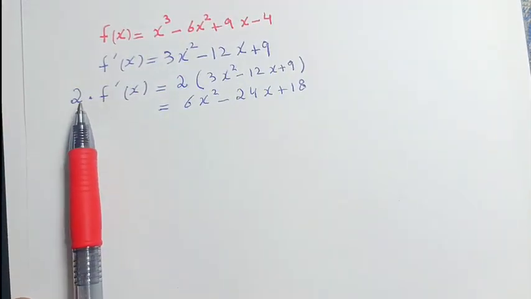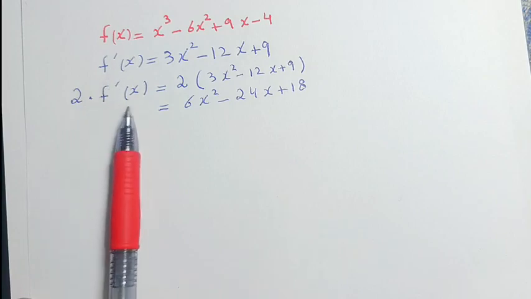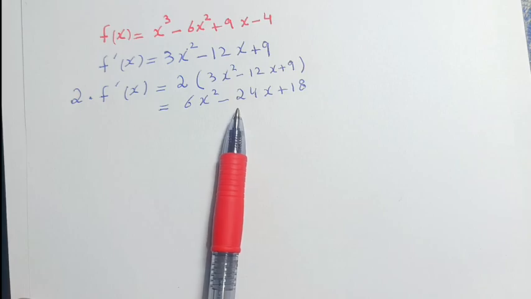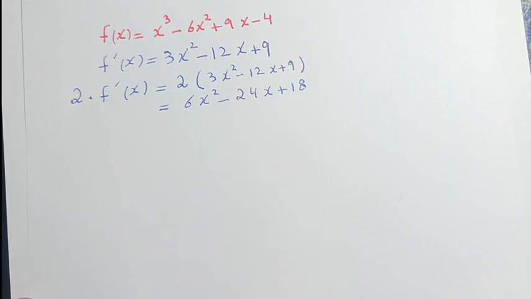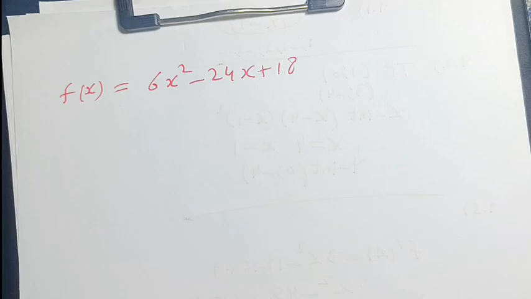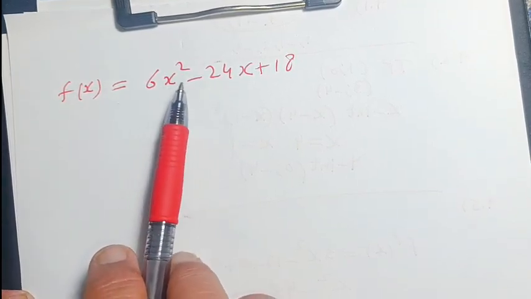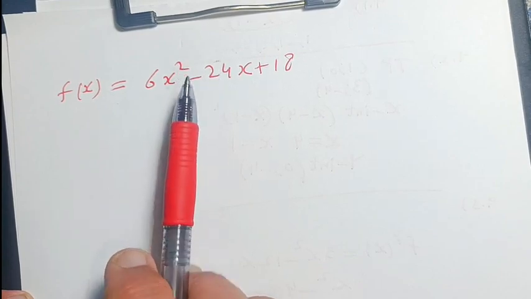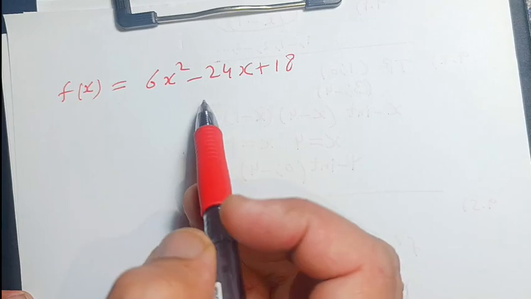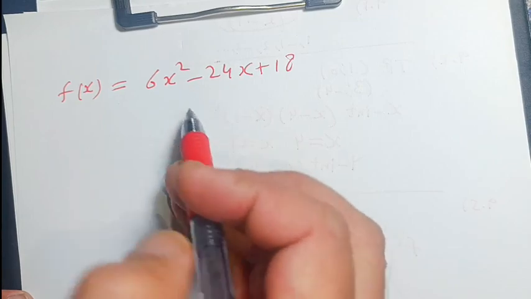If I multiply this first derivative by 2, then it is 6x squared minus 24x plus 18. Let's do this one. What will happen? You must remember, now your original graph is this one because you multiply by 2. So now here you need to find the x-intercept.